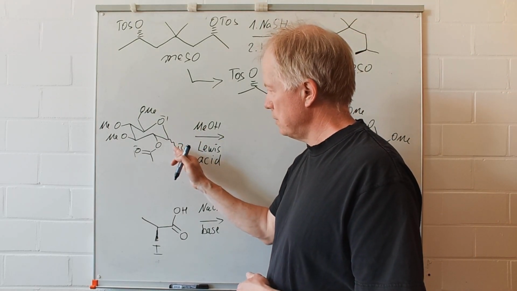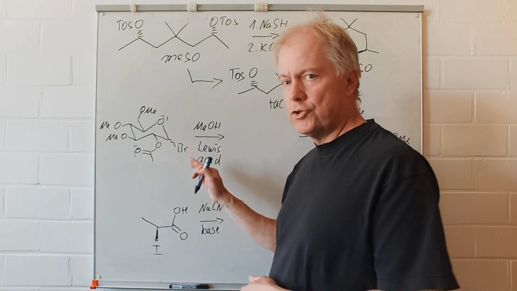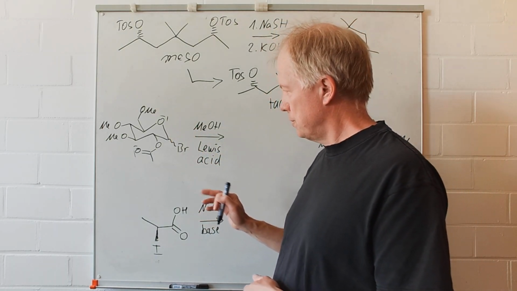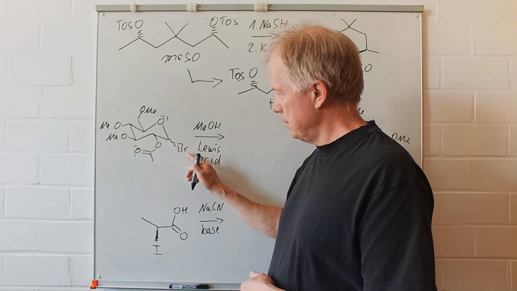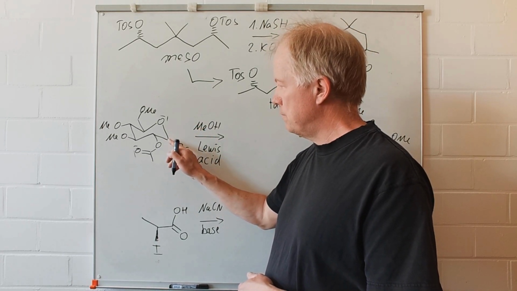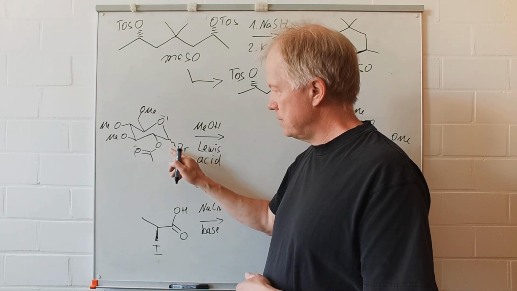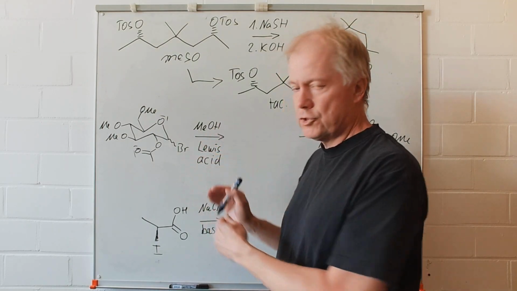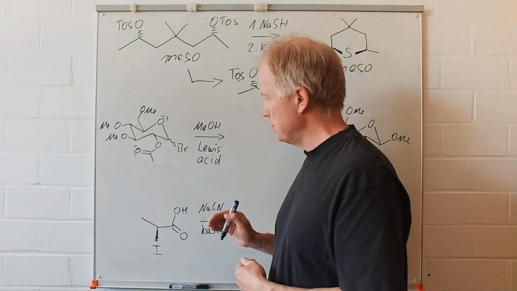Here we start from a mixture of stereoisomers. The bromine might be located either in axial or in equatorial position. We have a mixture of diastereoisomers.